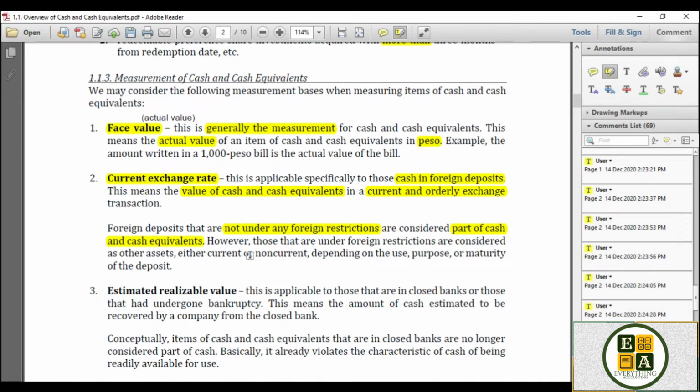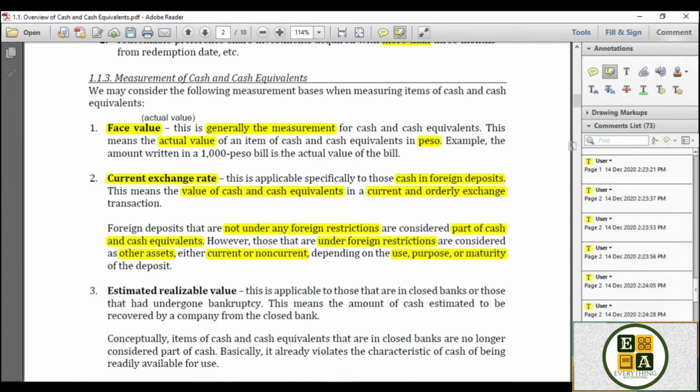However, if the problem says that the item is under foreign restrictions, then it is considered as other asset, either current or non-current, depending on the use, purpose, and maturity of the deposit.